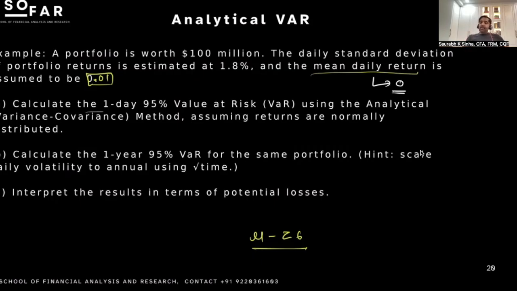Now you have to calculate 1 day 95% VaR and then you have to calculate 1 year 95% VaR. Can you do this calculation? Please be fast. I'm expecting an answer in like 60 seconds, 1 minute. It is very easy. The first question is super simple. Maybe the second will take time. If you're still not able to answer the question, then please ask.